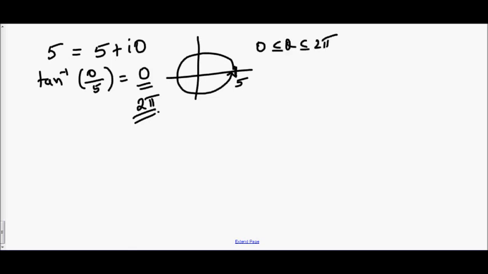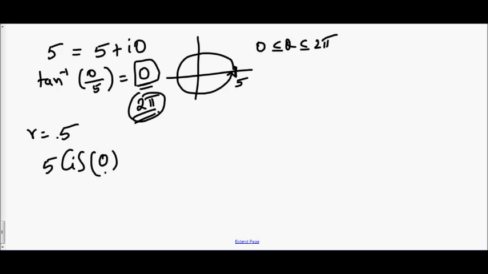If not, if just argument or principal argument, then you are not supposed to use 2 pi here. You are supposed to use 0, so that your radius, that is the modulus, would be 5, because it's square root of 5 square plus 0 square. Therefore this is 5 cis 0 or 2 pi. So this is the polar form of 5.